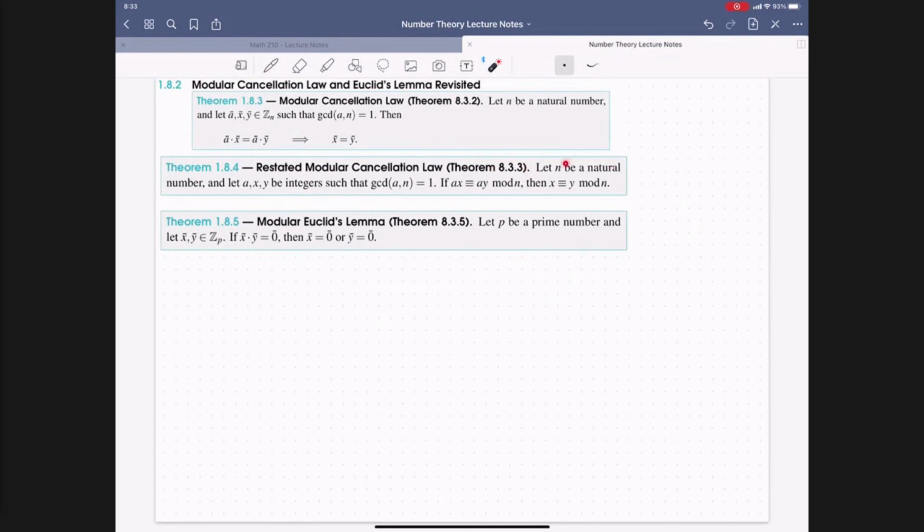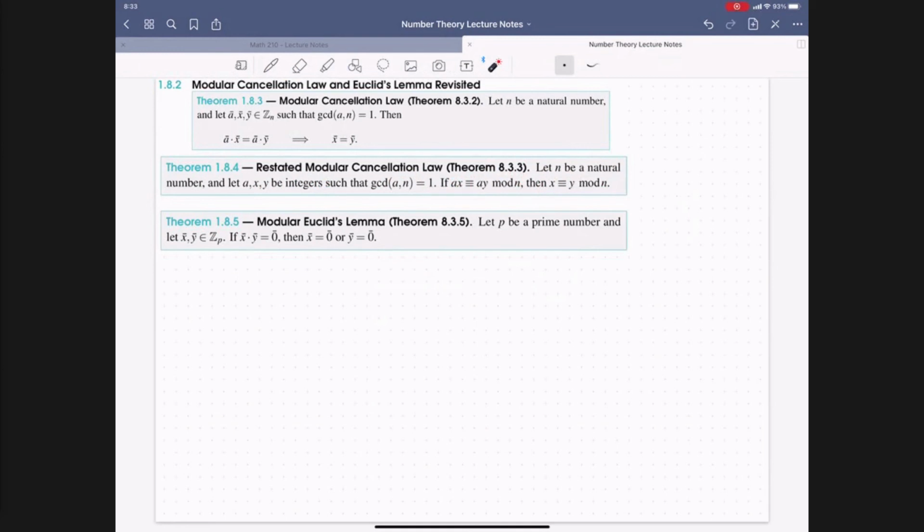Namely, the same assumptions, just no more congruence classes. Now n is a natural number as before, but now a, x, and y are integers with GCD of a and n being 1. And if ax is congruent to ay modulo n, then x is congruent to y mod n. And so that's just going to be a restatement.